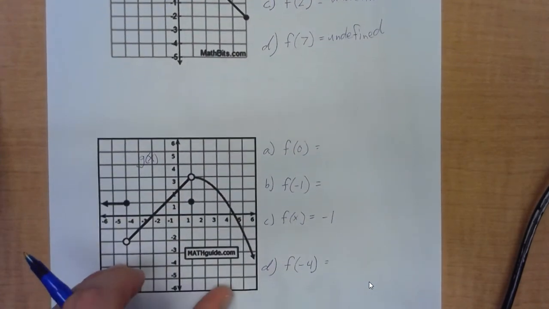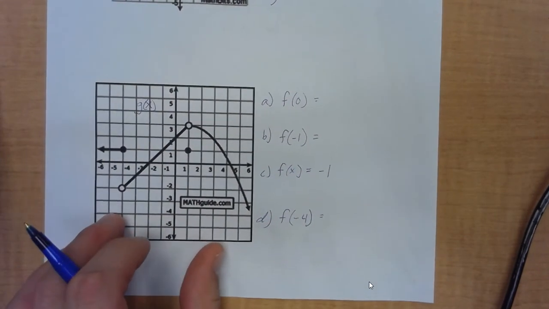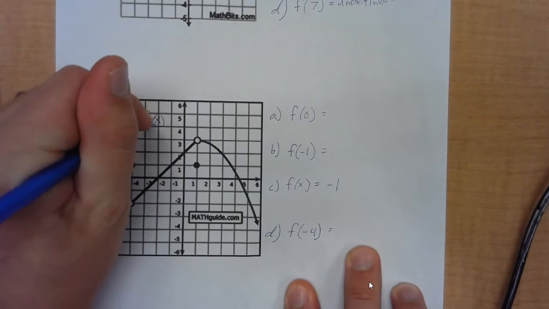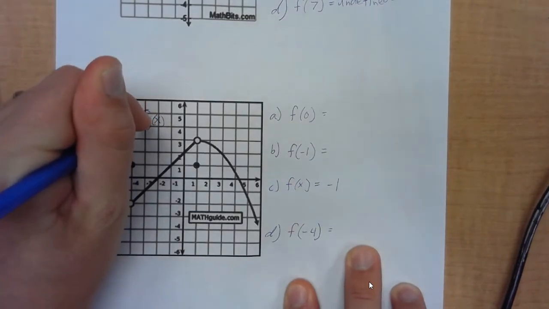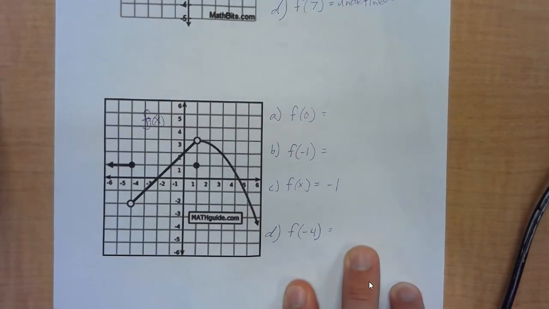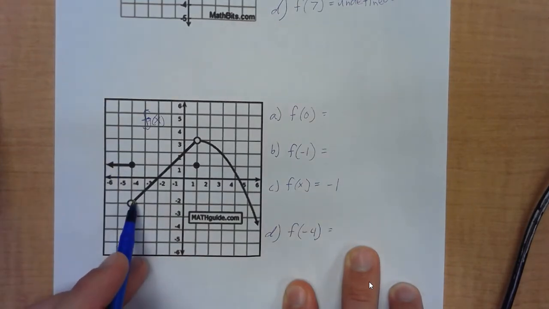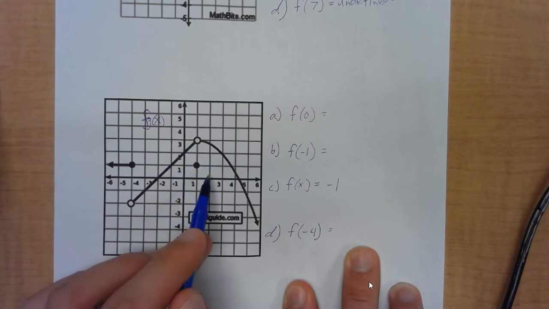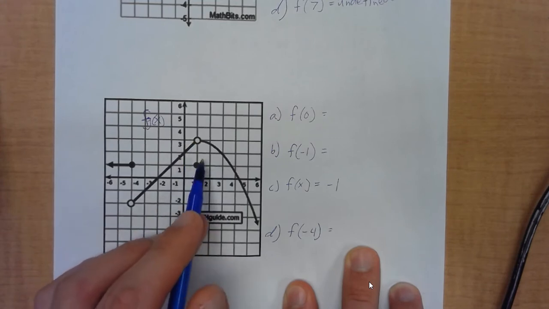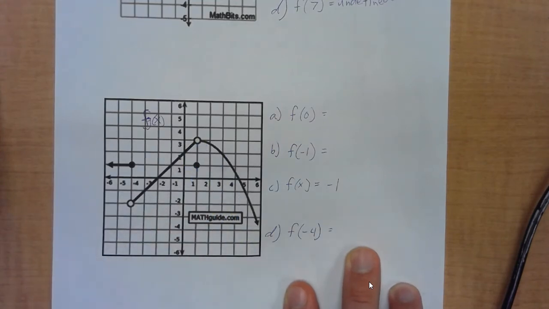Okay, let's take a look at a different piecewise function. Call this one f of x again. So we've got a constant, a linear function, a random dot right here, and a quadratic function.